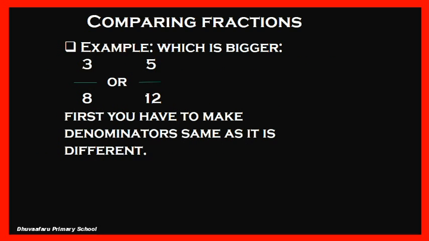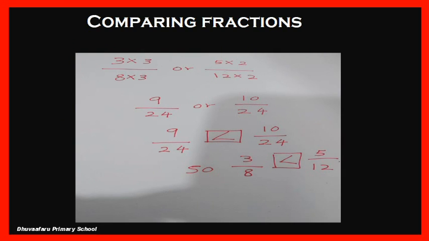Comparing fractions. Example: which is bigger, 3 by 8 or 5 by 12? Students, first you have to make denominators same, as the denominators are different. You have to write 3 by 8 and 5 by 12.